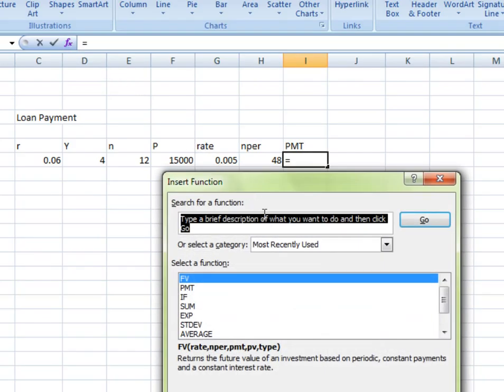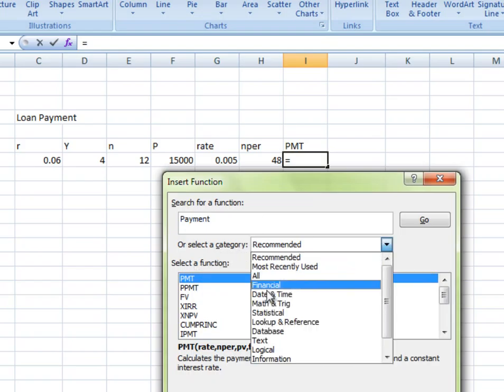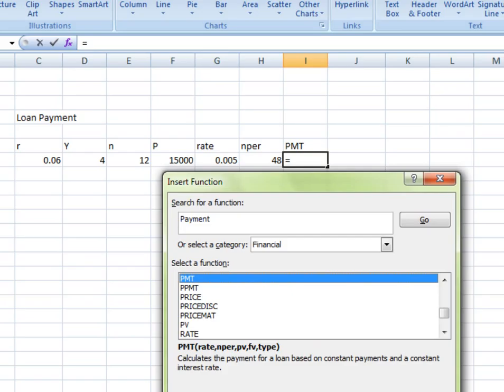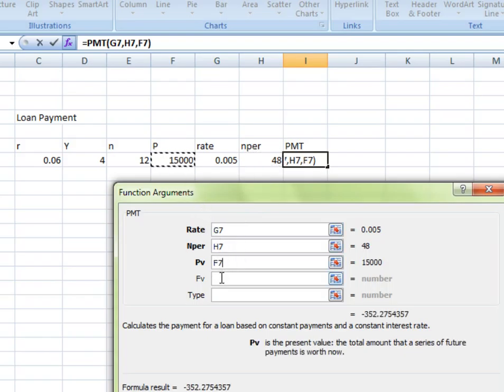So here we're going to find our payment formula is what it uses in, and you'll see there it is, PMT. Or you could go to financial and scroll all the way down to the payment formula, which is right there, and that's good. So it's going to have the same type of thing. You're going to have the rate, the number of periods, the principal value, the final value.